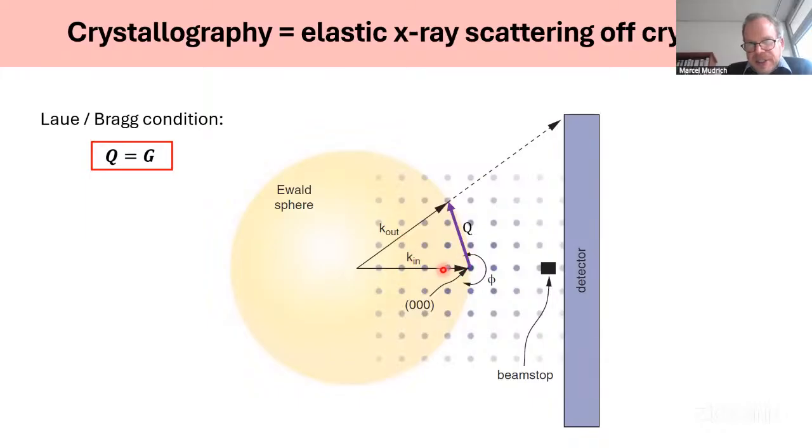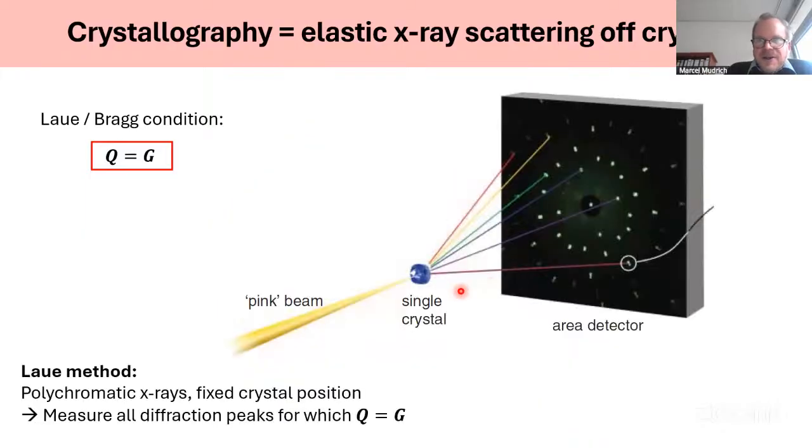Where the k out just points onto one lattice site, but for most other angles this condition would not be fulfilled. Okay, maybe if it points over here, then we would probably also get another bright spot.